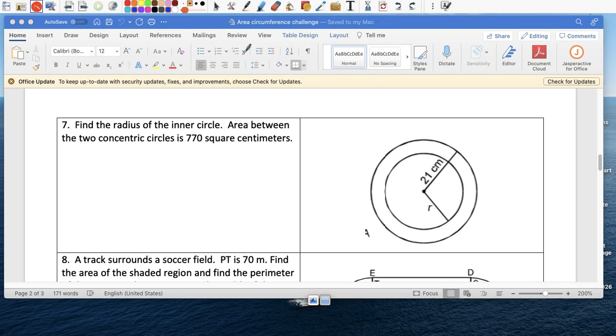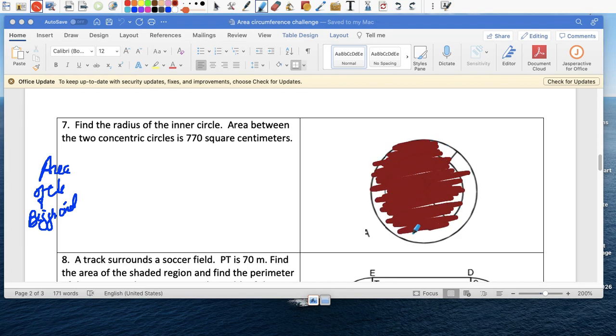What do we want? Find the radius of the inner circle. So let's find the area of the big circle. If I find the area of the whole circle, of the big circle, which we can do because we have enough information to do that.